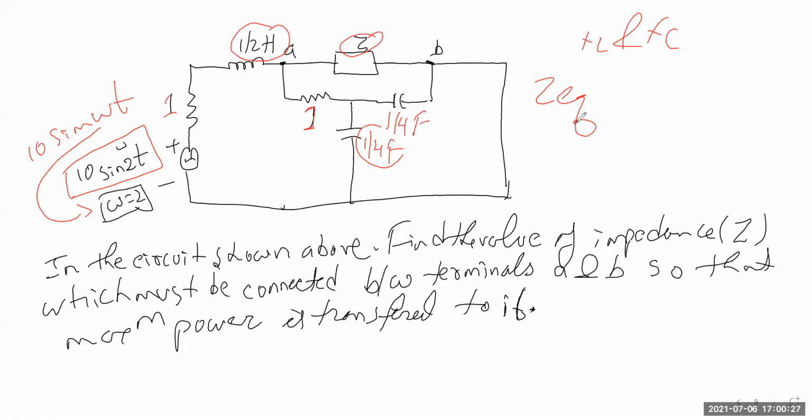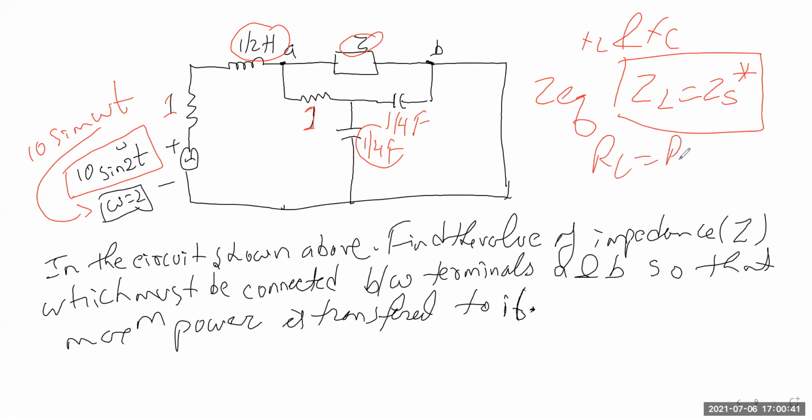But the condition that you have to keep in mind is that your ZL would be equal to the conjugate of Z source. This is for the Z part, whereas RL is your RS, and XL would be minus of XS.